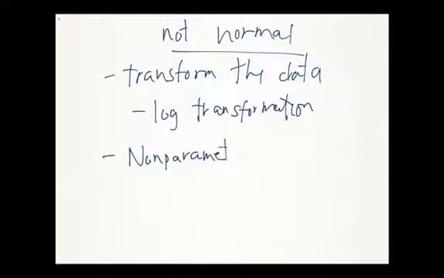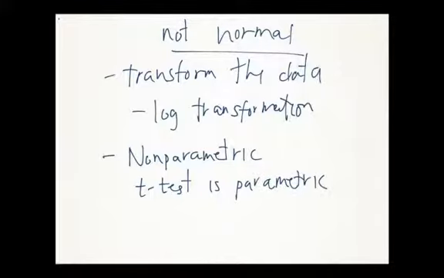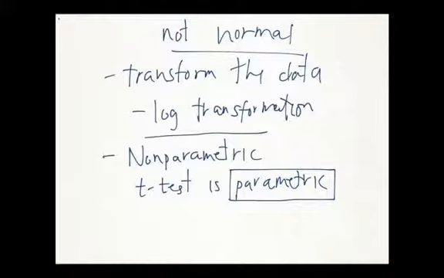So what does this mean? A t-test is a parametric test, okay? What does that mean? Well, since we have this normality assumption, when we assume a distribution, like we assume normality for a t-test, that's called a parametric test. A non-parametric test doesn't make those normality assumptions, okay?